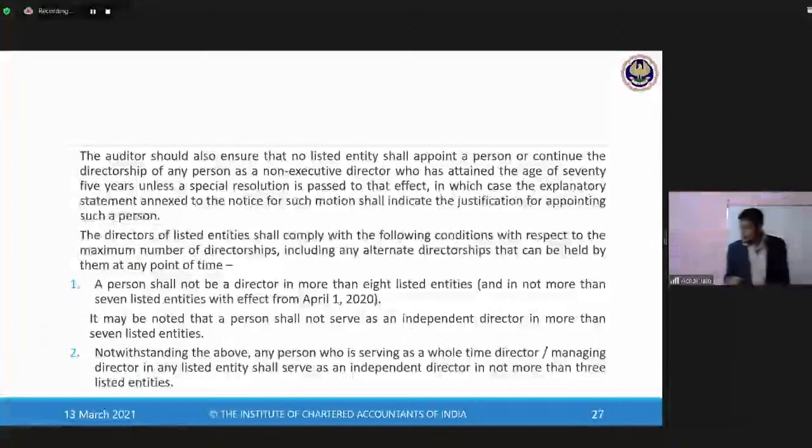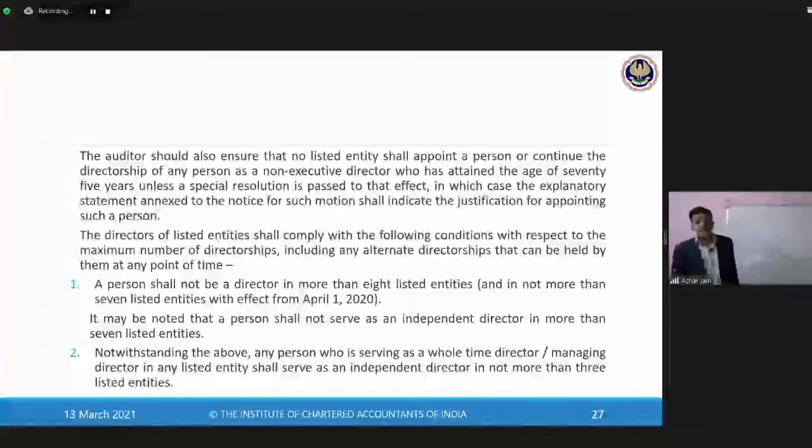The auditor should also ensure that no listed company shall appoint a person or continue the directorship of any person as a non-executive director who has attained the age of 75 years unless a special resolution is passed to that effect, in which case the explanatory statement annexed to the notice for such motion shall indicate the justification for appointing such a person.